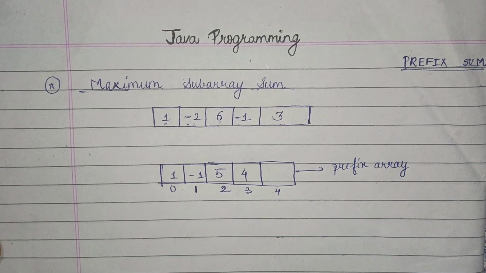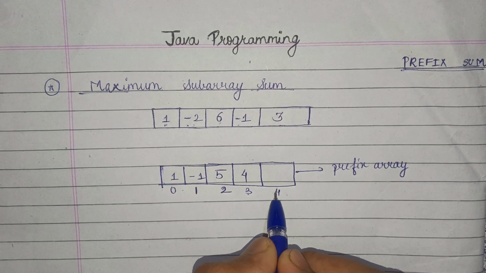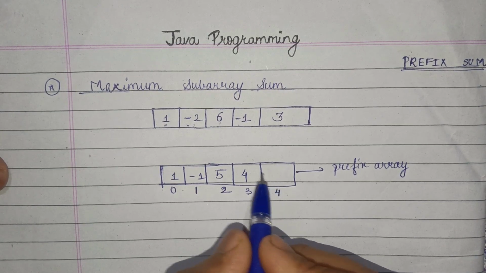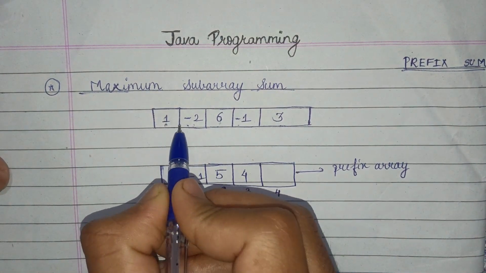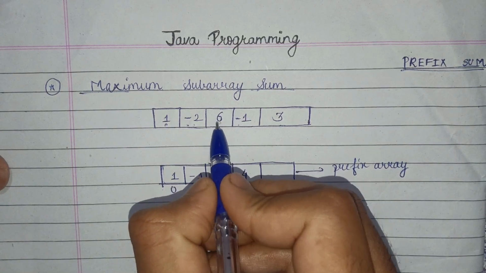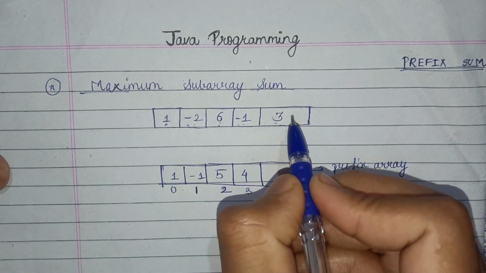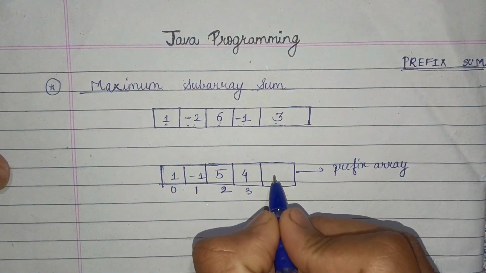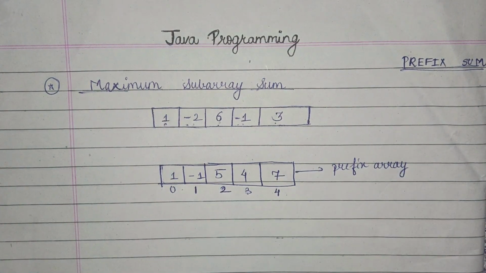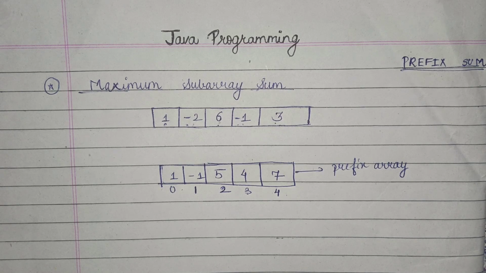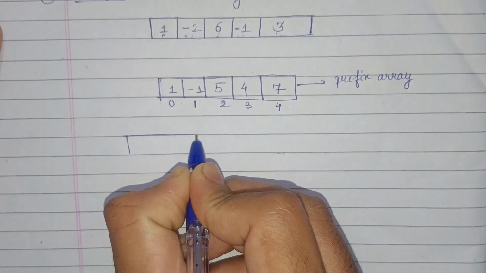And in the fourth index we store 1 plus minus 2 plus 6 plus minus 1 plus 3, so its sum will be 7. Like this we are going to store the elements in the prefix array.